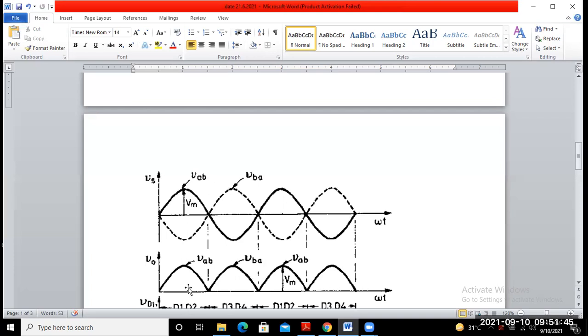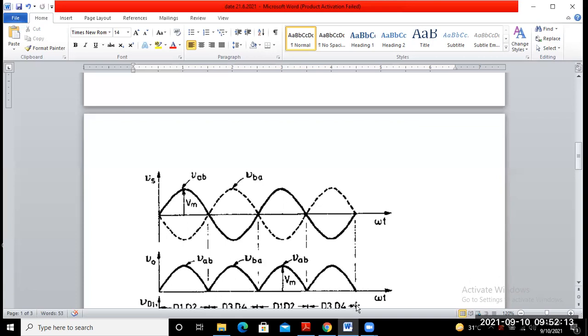So the maximum voltage is also the same, that means Vm. During this period, you have to keep in mind which diodes conduct. In 0 to pi, diodes D1 and D2 are forward biased, so these two diodes conduct from 0 to pi. And from pi to 2 pi, diodes D3 and D4 are forward biased, so these conduct from pi to 2 pi.